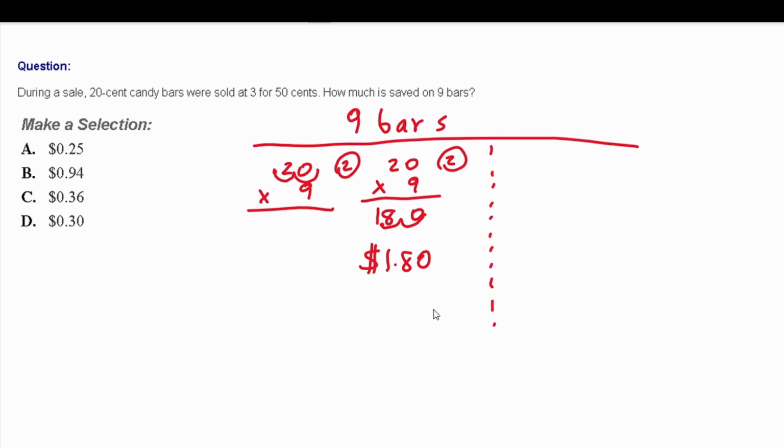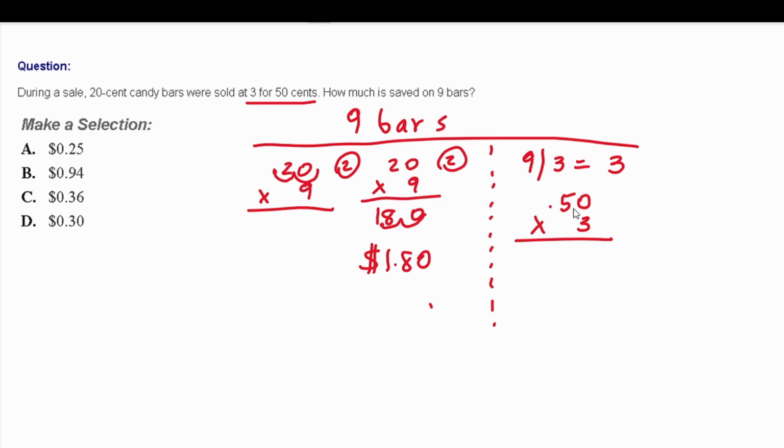Now let's see how much we would save if we bought the candy bars at 3 for 50 cents. So 9 divided by 3 is 3, which means we bought 3 sets of 3 candy bars. So we're going to take 3 and multiply it by 50 cents. This is going to be 50 cents times 3.